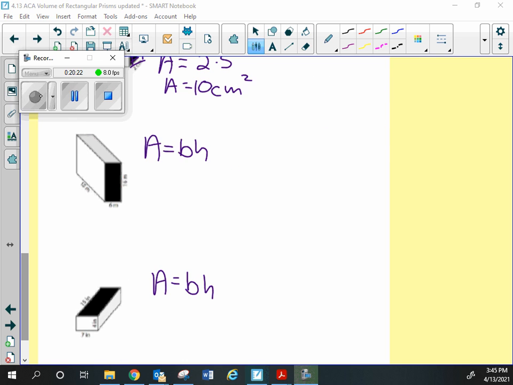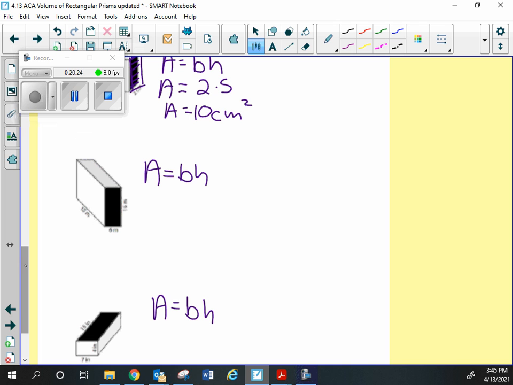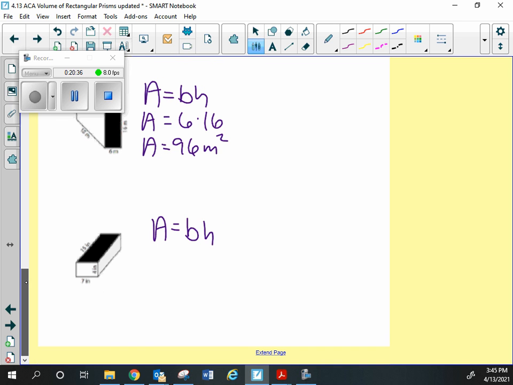For that second one, what are the dimensions of that base? 6 and 16. Solve that out. What did you get? 96 meters squared. Very good. Next one. 15 and 7. Could I put 7 and 15? Yes, absolutely. What did we get? 105 inches squared.